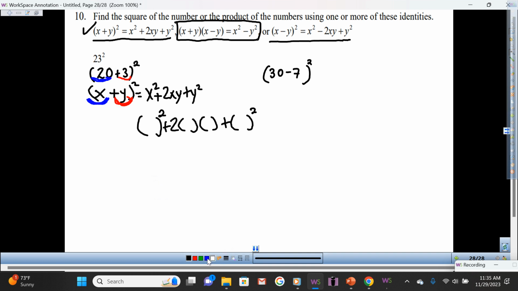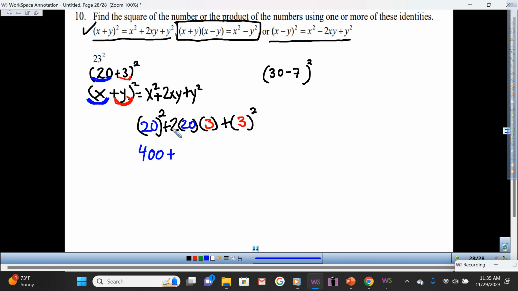So here we go. Instead of x, we said it was 20. Instead of y, we said it was 3. All right, so here we go. 20 squared, everyone. 400, very good. Man, you guys are quick.